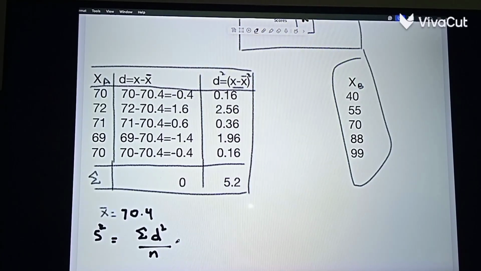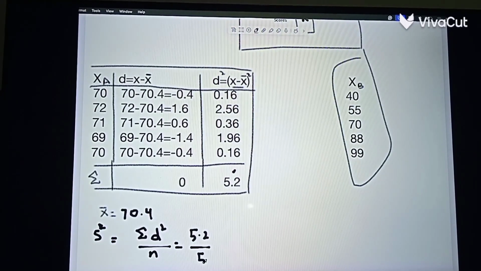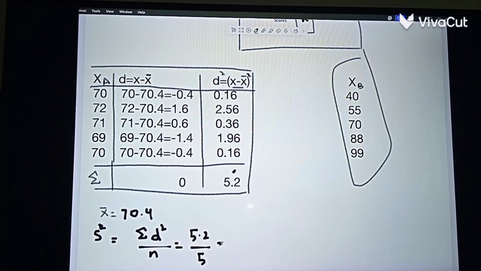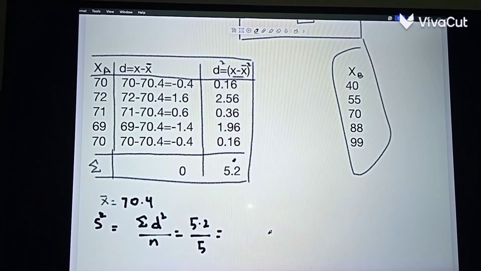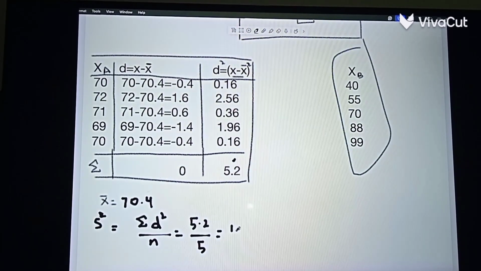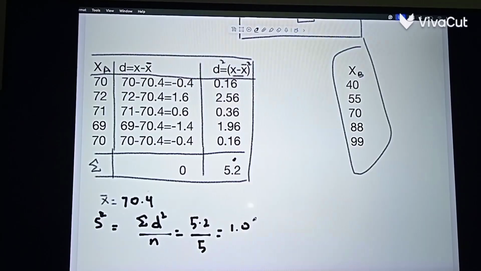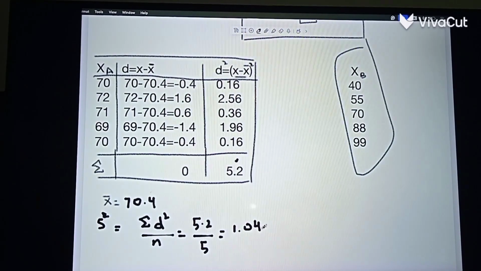In this case the sum of d square is 5.2, and the number of individuals is 5. So 5.2 divided by 5 gives me 1.04, but I have to write the squared unit with it.